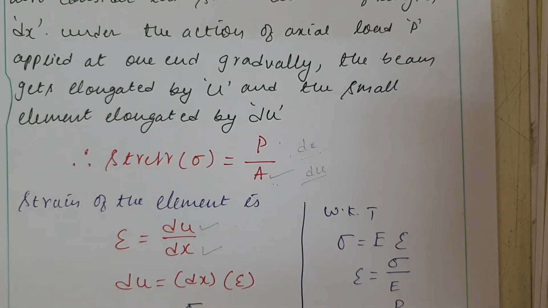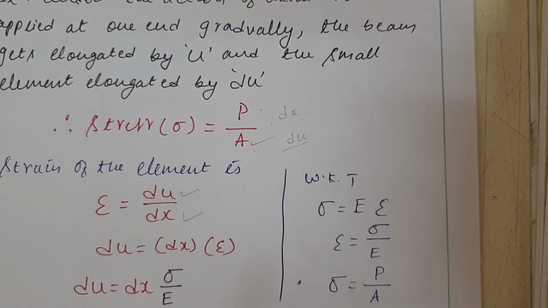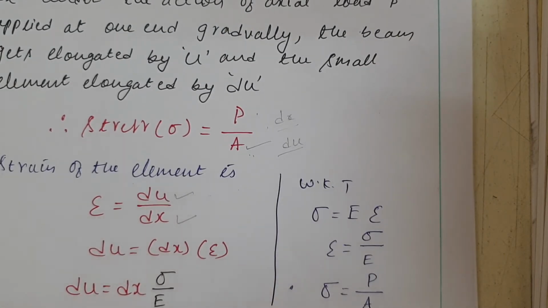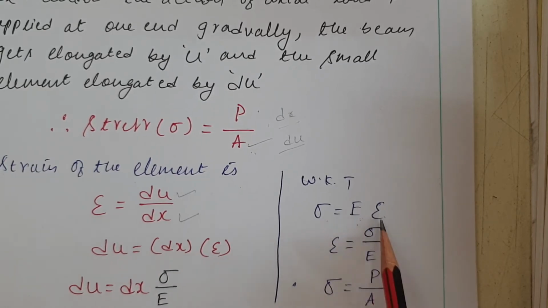And we know by using Hooke's law stress will be directly proportional to strain. Then we can say stress will be equal to E into strain, where E is the Young's modulus. From this equation I can easily consider strain will be equal to stress by Young's modulus.